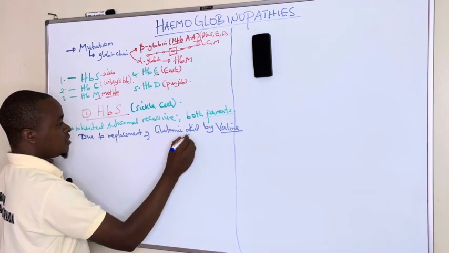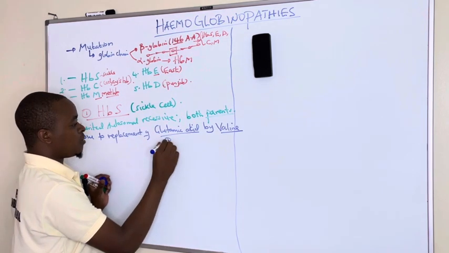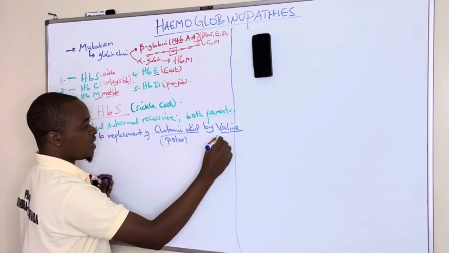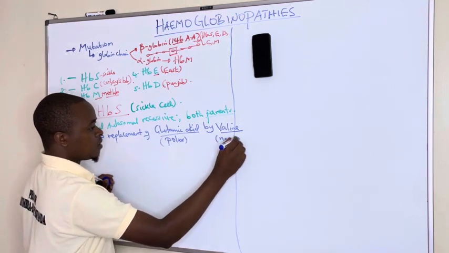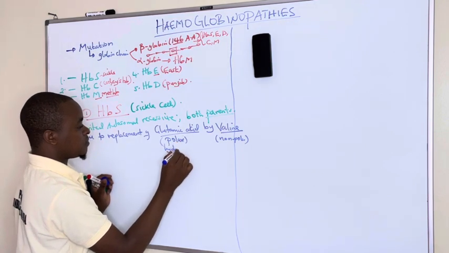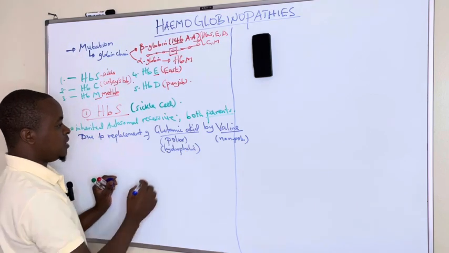So valine replaces glutamic acid. This glutamic acid is polar, whereas the valine is non-polar. Polar means it is hydrophilic. That is what it means.